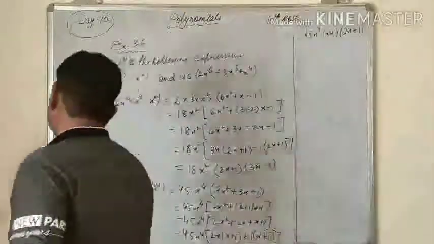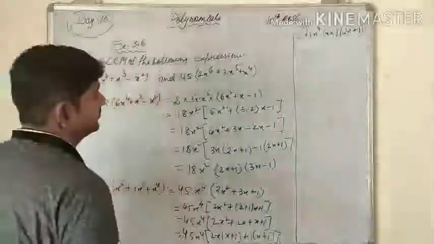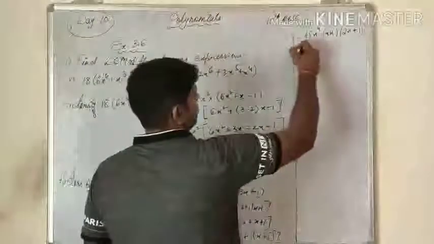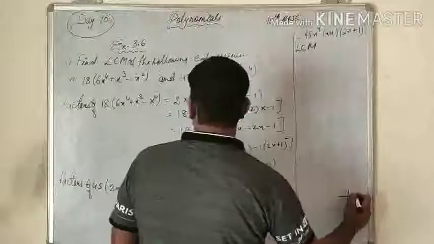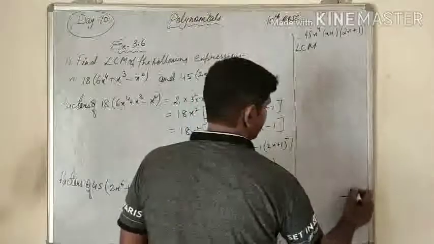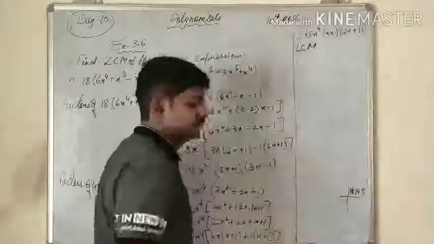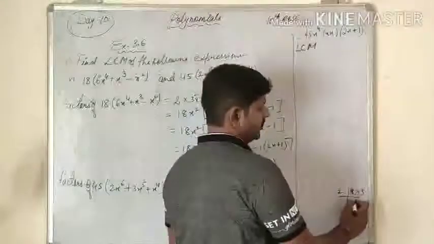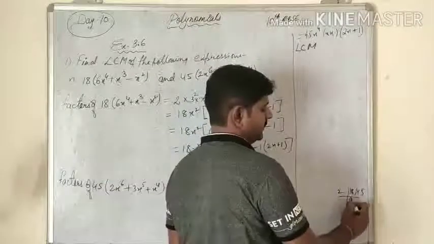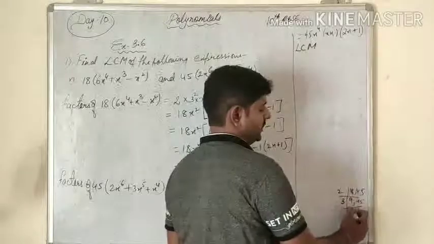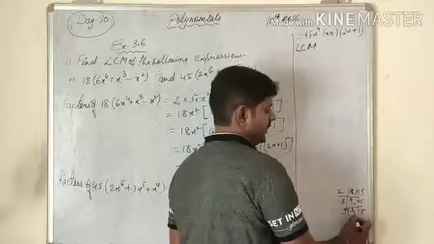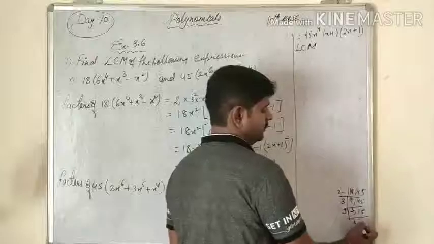So we got the factors. Now we are finding the LCM. Roughly we can find the LCM of 18 and 45. If we divide by 2, there will be 9. There is 45. Divide by 3, then 3. 15, then divide by 3, we get 3.